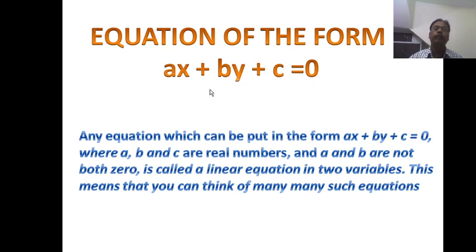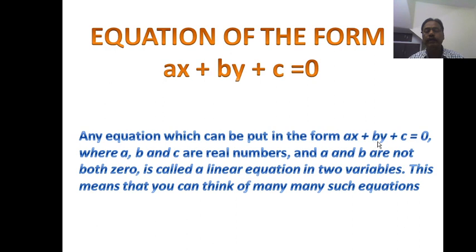But we are coming to the equation of the form ax plus by plus c equal to 0. This is the standard form of linear equation. Any equation which can be put in the form ax plus by plus c equal to 0, where a, b and c are real numbers and a and b are not both 0, is called a linear equation in two variables.